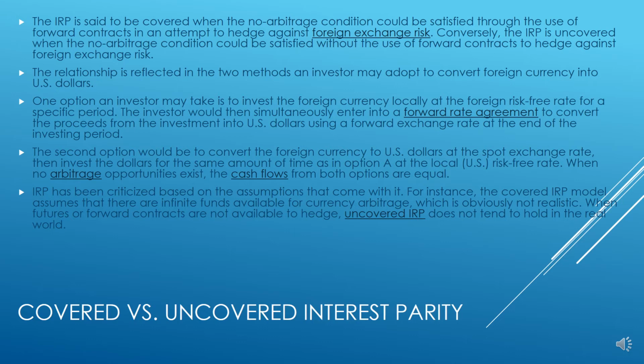Risk-neutral investors will be indifferent among the available interest rates in two countries because the exchange rate between these countries is expected to adjust such that the dollar return on dollar deposits is equal to the dollar return on euro deposits, thereby eliminating the potential for uncovered interest arbitrage profits. So, uncovered interest rate parity helps explain the determination of spot exchange rates.